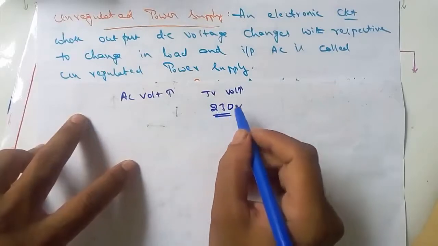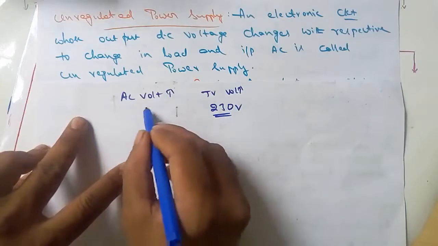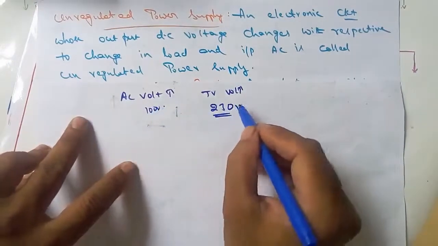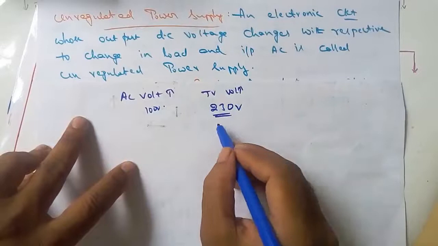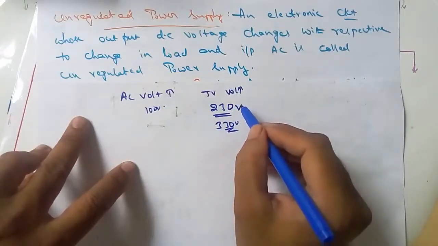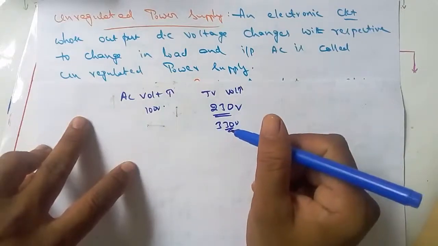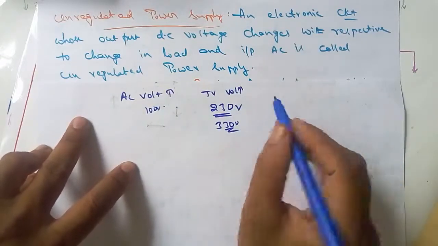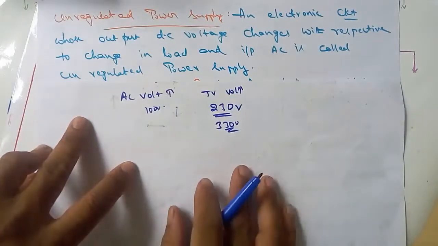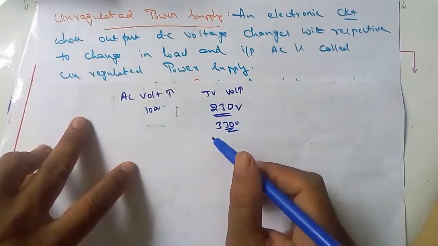If the AC voltage suddenly increases from 230 to 330 volts, our television, AC, and home appliances are all damaged due to this increase.